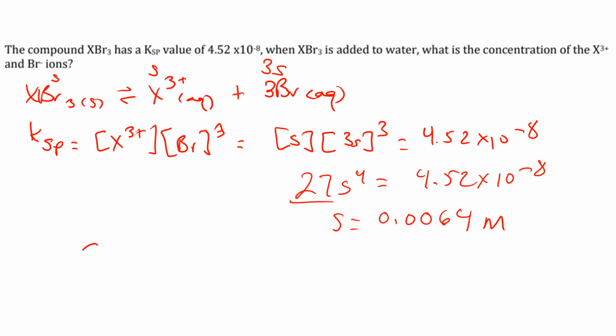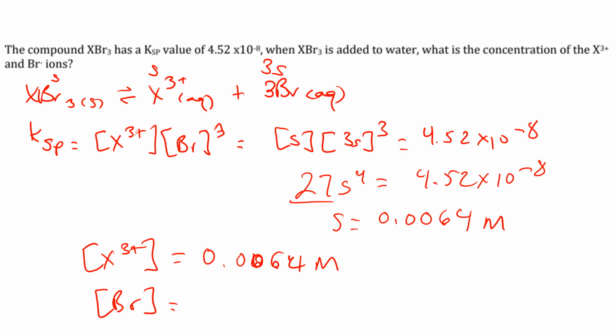So my concentration of X3+ equals 0.000064 molar, and my concentration of Br- will be 0.019 molar.